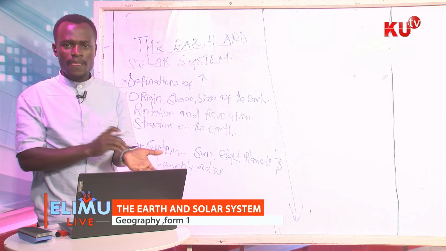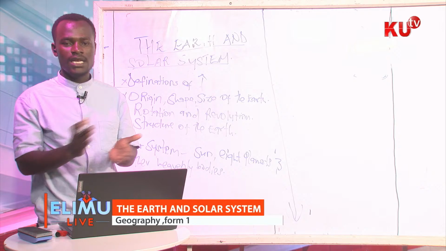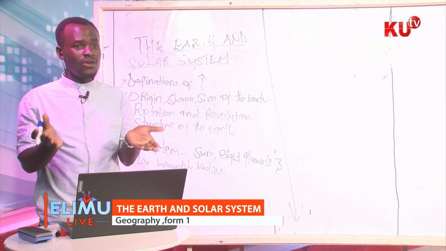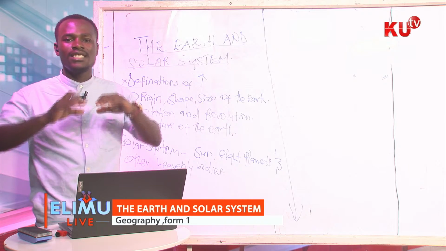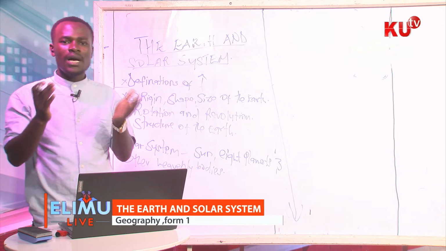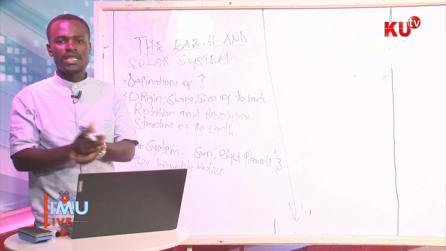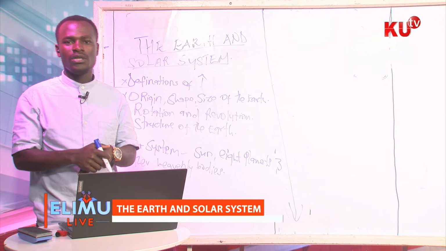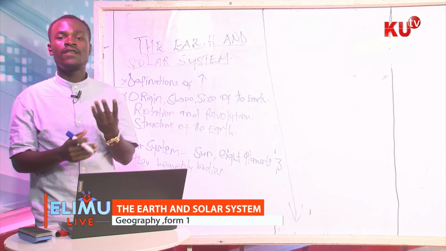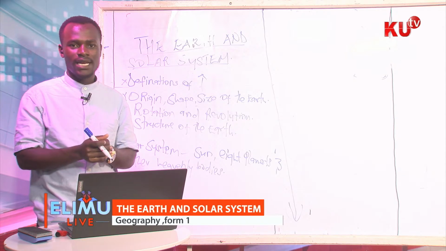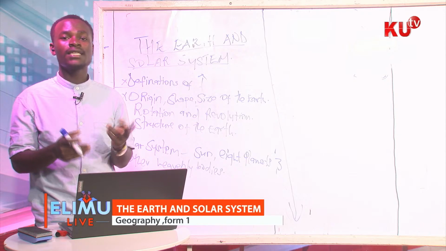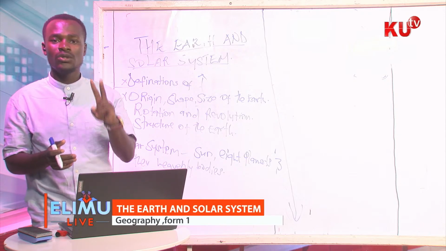Now, some geographers came with theories. And remember, theories are just a set of ideas that try to explain a given event. They came up with a couple of theories that try to explain the origin of the solar system. We have 4 theories, however, the syllabus puts more emphasis on two of them.